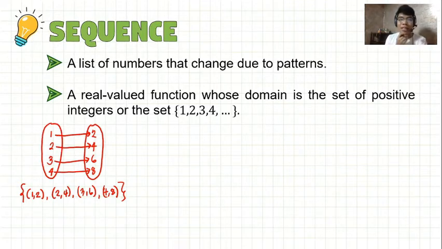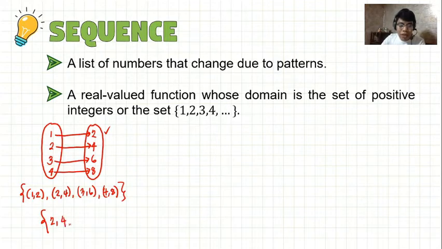Now, how are we going to write this in sequence form? The domain represents the order of the term, while the range is the value of the term. So if 1 is mapped to 2, that means the first term has a value of 2. Therefore, the first number in our sequence is 2. 2 is mapped to 4, so the second term in the sequence is 4.